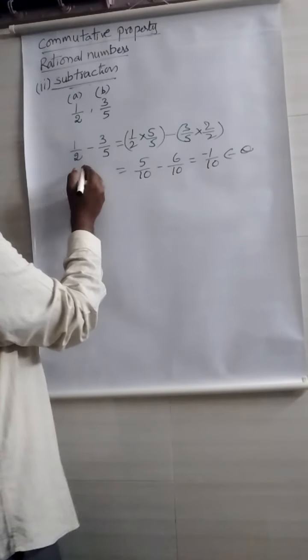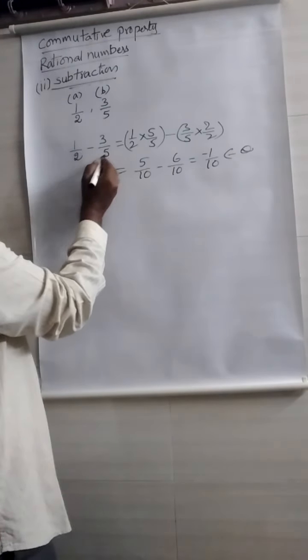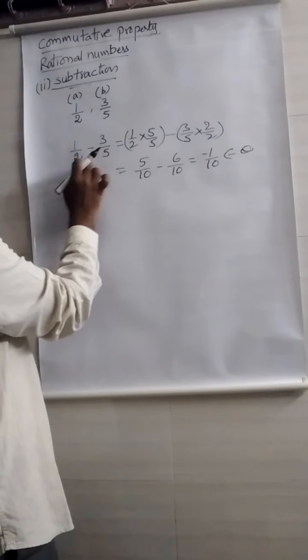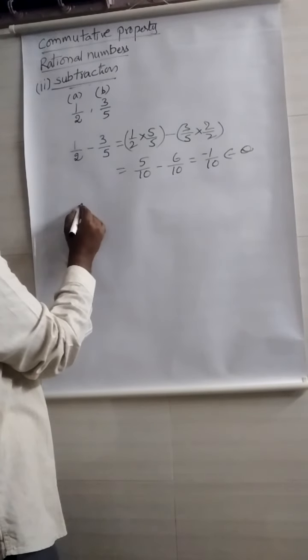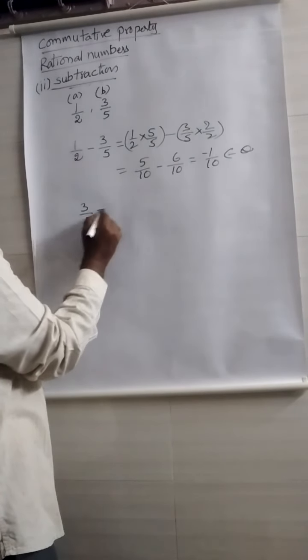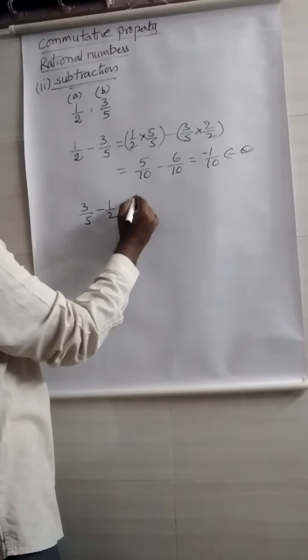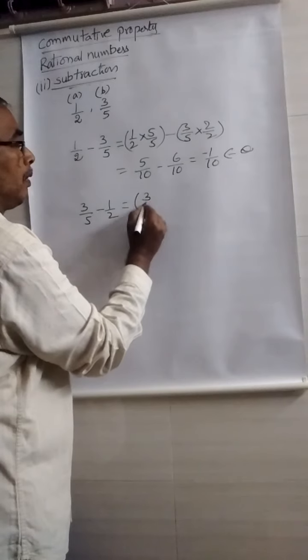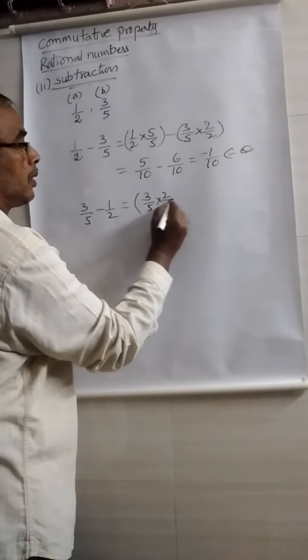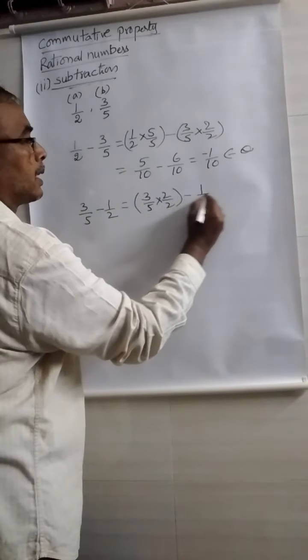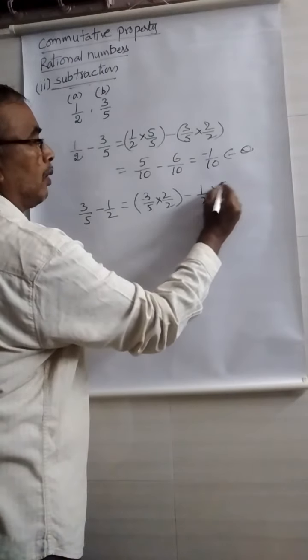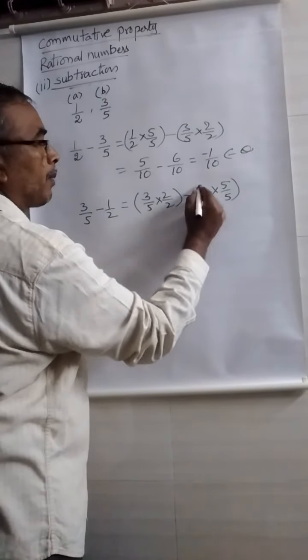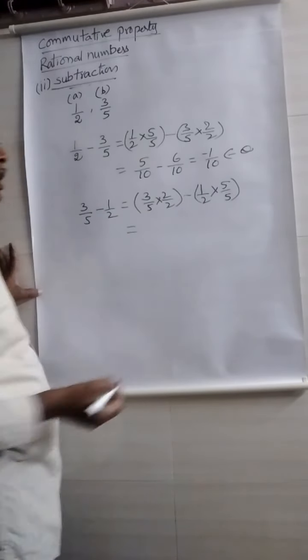Now you take the reverse order of these two. Previously we took 1 by 2 minus 3 by 5. Now you take the reverse order. That means 3 by 5 minus 1 by 2. Here you do like this: 3 by 5 into 2 by 2 minus 1 by 2 into 5 by 5. For what purpose do I write like this?